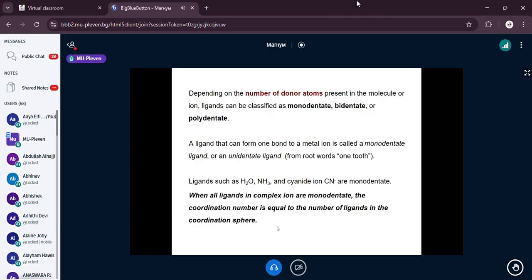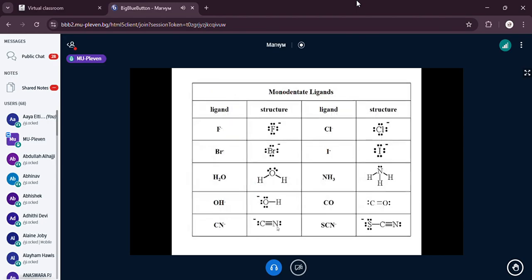Examples of such monodentate ligands: if in a coordination compound complex all the ligands are monodentate, this means the coordination number of the central metal ion will be equal to the number of monodentate ligands.